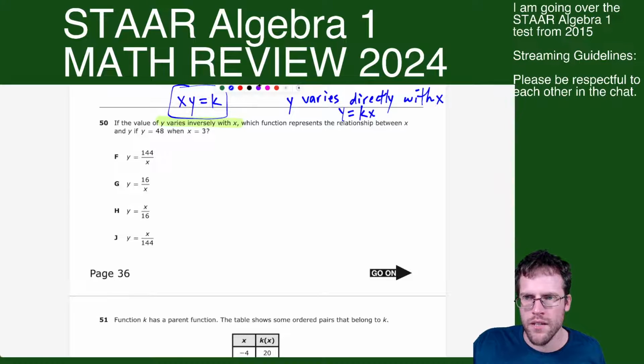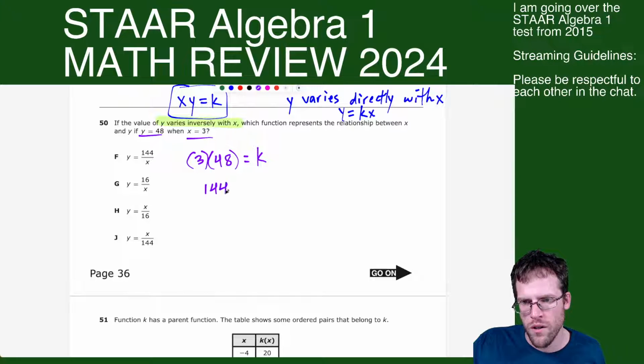And they're telling us next y equals 48 when x equals 3. So just plug in x is equal to 3, y is equal to 48, but the product here cannot change. Whatever k is cannot change. So 3 times 48 is 144. You could also do that in your head. It's not the worst math you'll have to do.